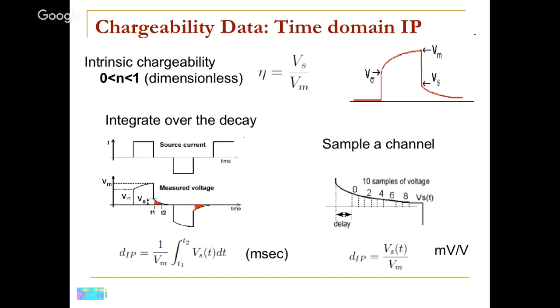We could measure the value at a point in here and take its ratio with this value. So that's a number, volts per volt. That's a datum. Or we could measure some area. The point is, all of these things give us some intuition that, wait a minute, there's some kind of a decay here, and so something's happening.